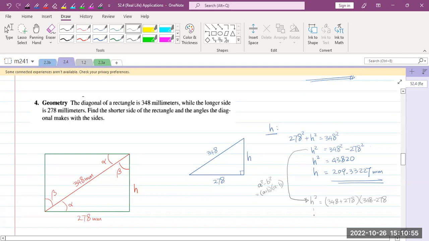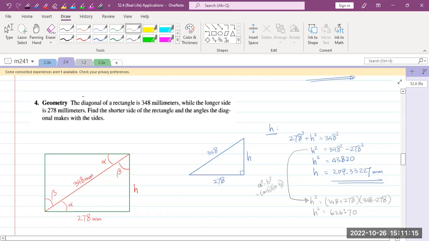So instead of squaring them, you change that into the product of the sum, which is 626, times the difference, which is 70. Okay.